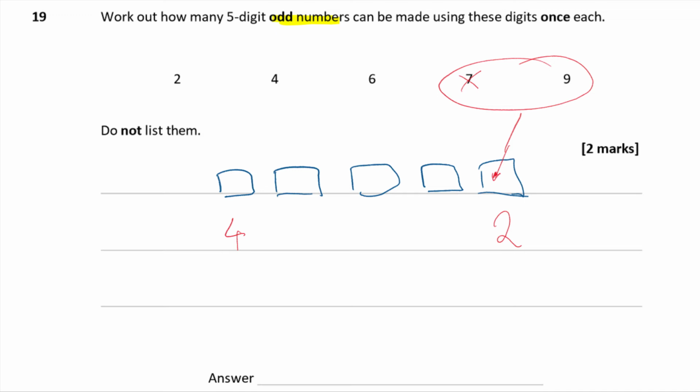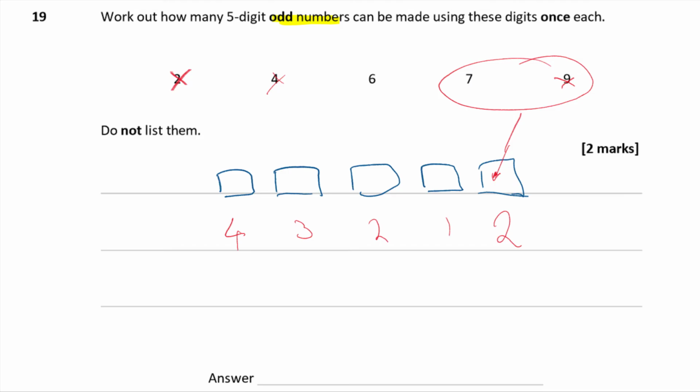It doesn't matter if I pick the 7 or the 9. If I'd picked the 9, I'd still have 4 choices left for the first digit: the 2, 4, 6 and 7 could go in there. Let's say I picked the 2, then I would have 3 choices remaining for my next box, then 2 choices for the next one and 1 for the next one. So the last one just sorts itself out.